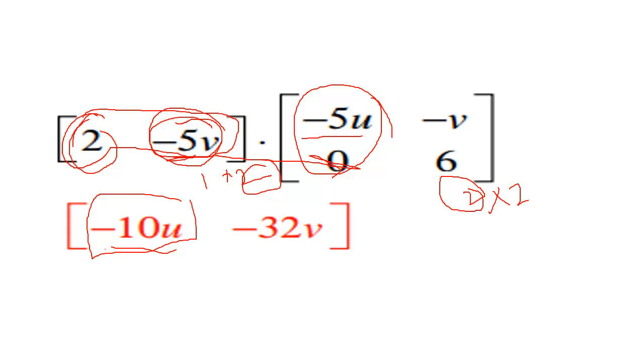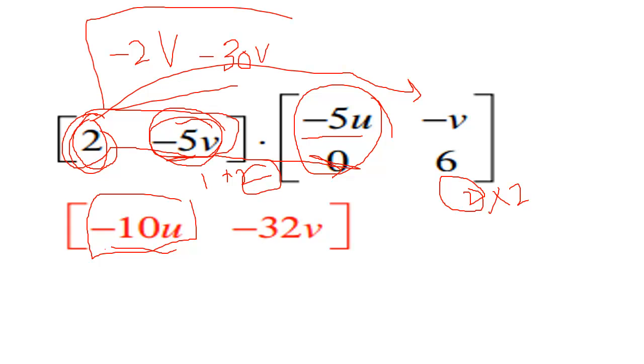And for the first row times the second column, 2 times negative v is equal to negative 2v, and negative 5v times 6 is equal to negative 30v.